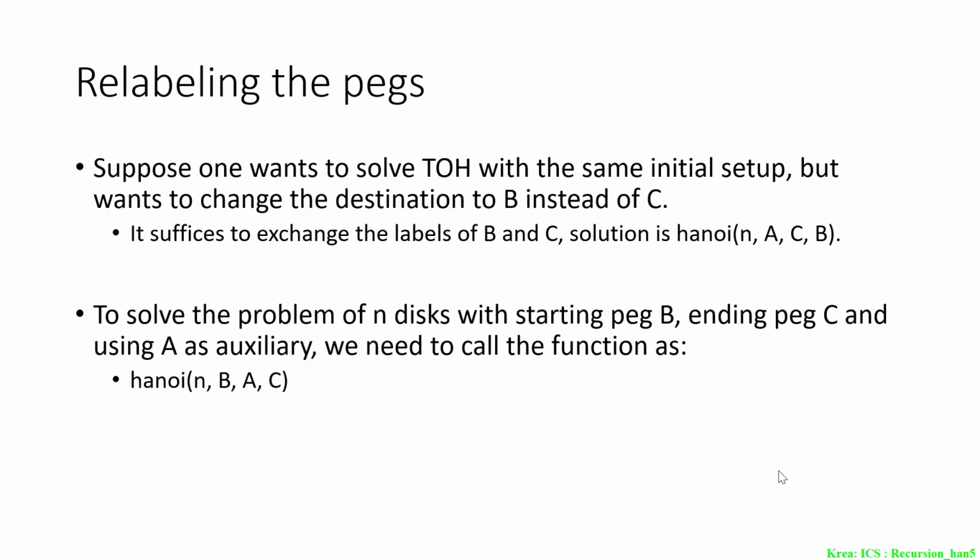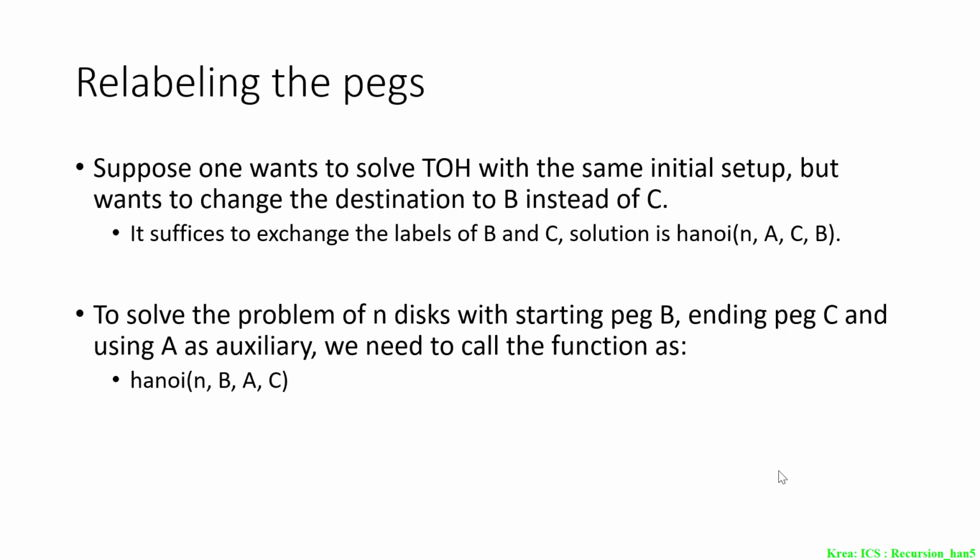Now we are going to observe some of the properties of this solution that we are looking for. Suppose I want to solve Tower of Hanoi with the same initial setup, so all of the disks are on peg A, but I want to change the destination to B instead of C. So I'm going to use C, but end up with all the disks on B. So how do we make the function call?